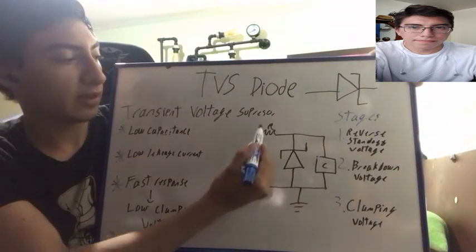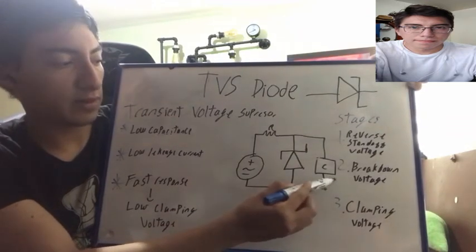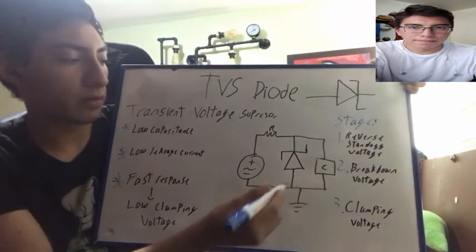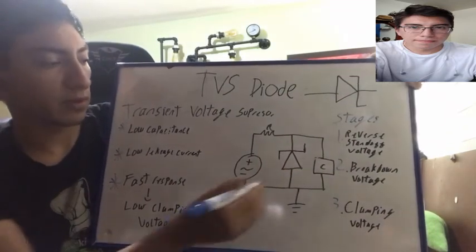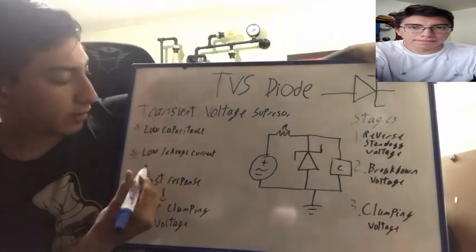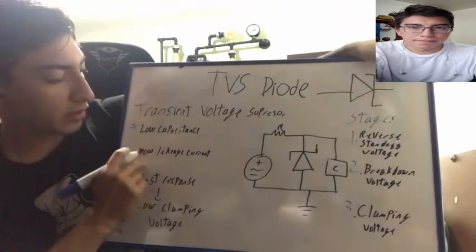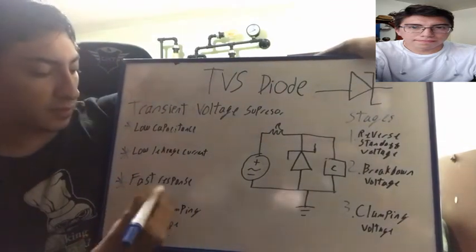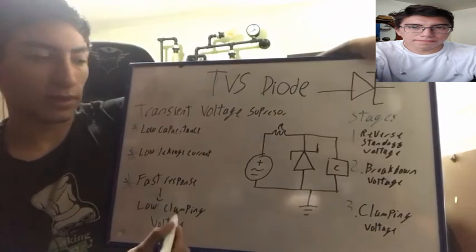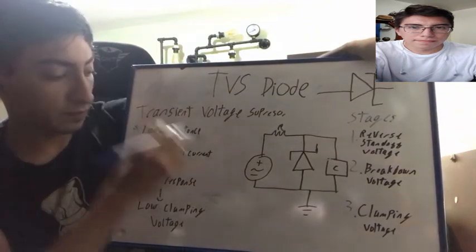It will not let high voltages or high currents get into the circuit, because those changes may damage the circuit or the components that compose it. The main characteristics of this diode are its low capacitance, its low leakage current, and its fast response. This means that the diode will have a low clamping voltage in response to high voltages.